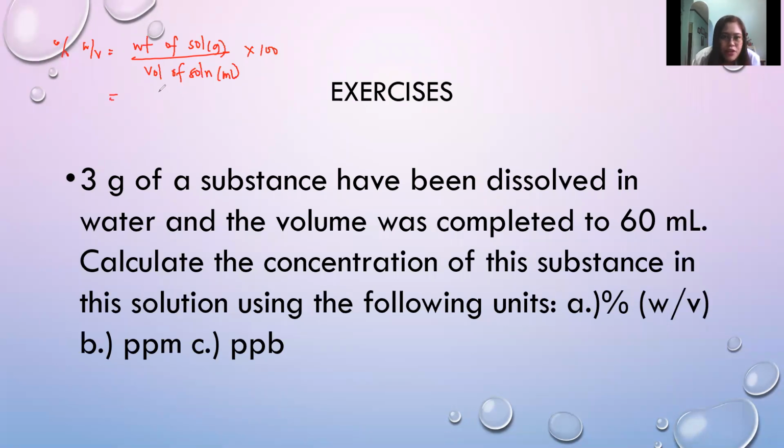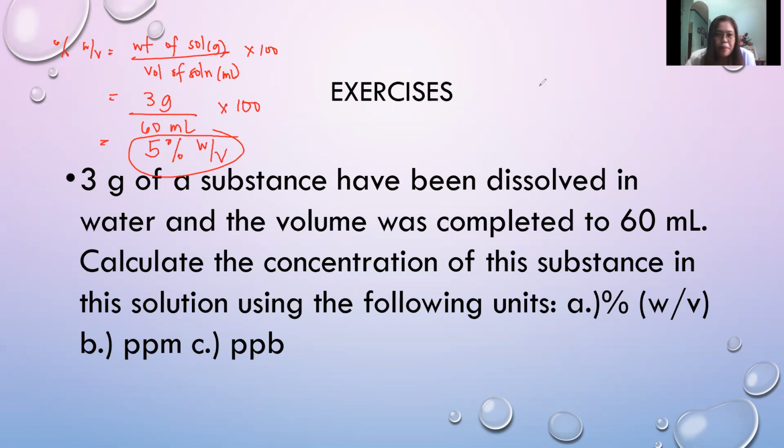So the weight of the solute here is 3 grams, and the solvent is water, and then that's 60 ml times 100. So 3 divided by 60 times 100, it's 5%. So 5% weight per volume. Yes, we have the same answer.